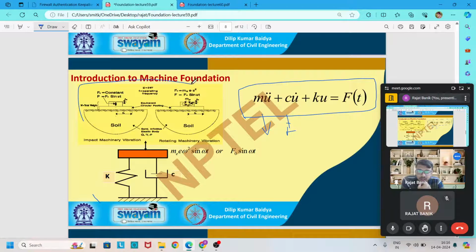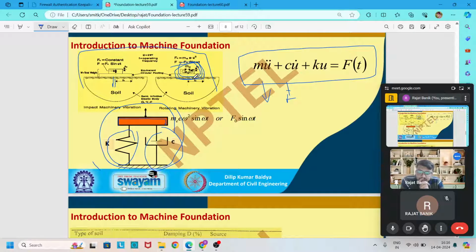This whole thing is arranged in a simpler way. This rotating mass with the total mass of the foundation is represented as the solid block, and the stiffness and damping of the foundation is represented as a spring and dashpot system.